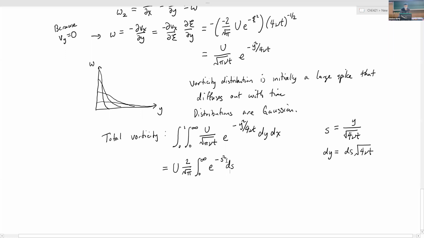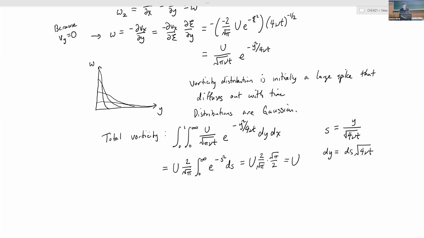Now, we said earlier what this integral actually is. This integral is just the square root of pi over 2. And so therefore, the total vorticity in our system here is just u.